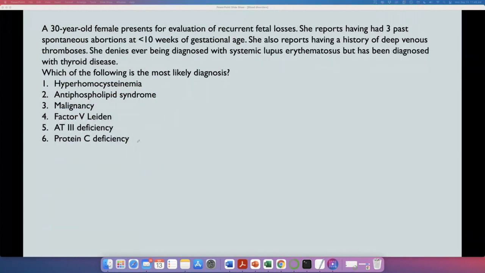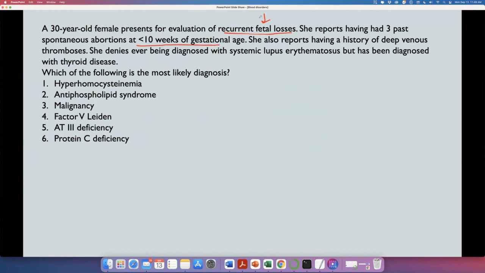Now, let's go to another. We have the same options. Now we have a 30-year-old female for evaluation of recurrent fetal losses. She reports having 3 past spontaneous abortions.